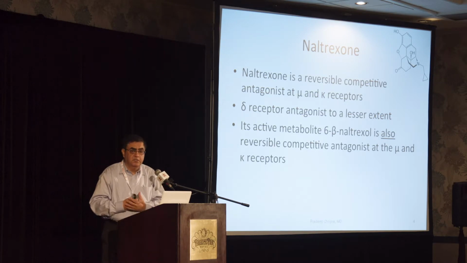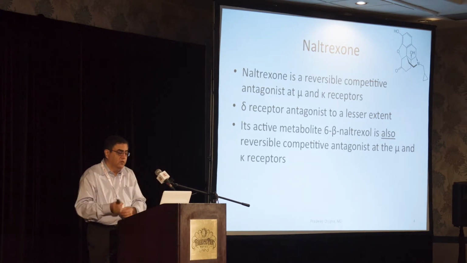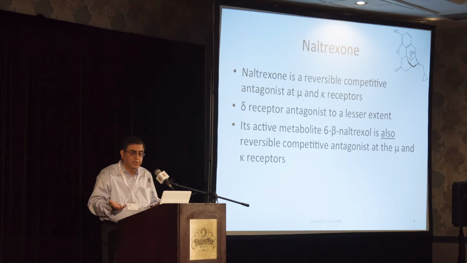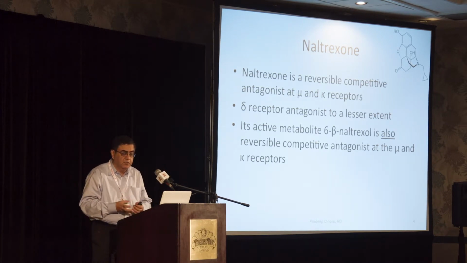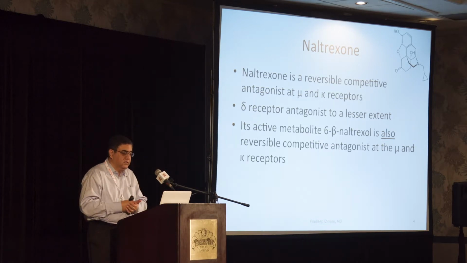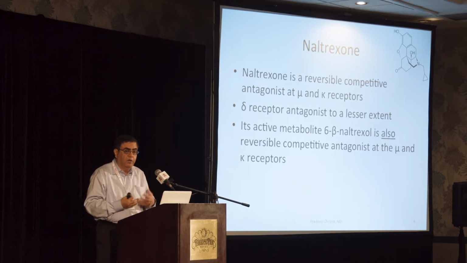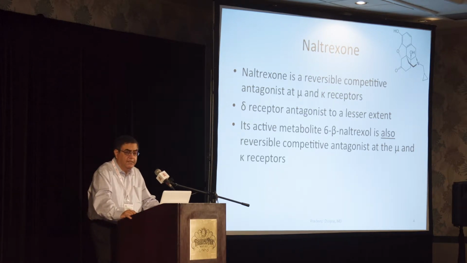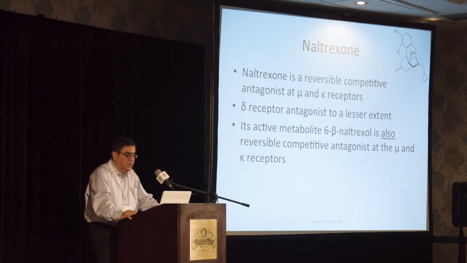These are the receptors on which morphine and opioids work. So if I was to give someone naltrexone, this would block the mu receptor, which means it would block that keyhole where morphine or opioids act, and block the effect of these drugs. It also works on the delta receptor to a lesser extent.